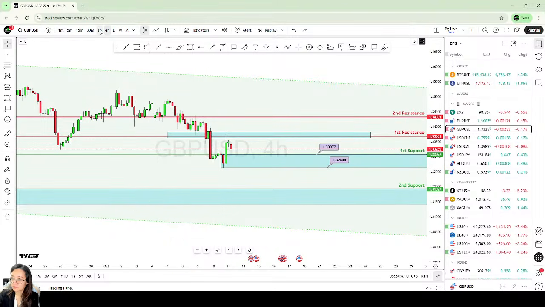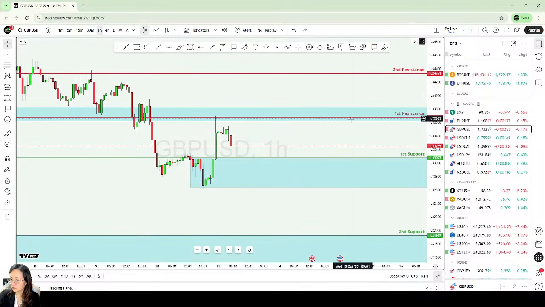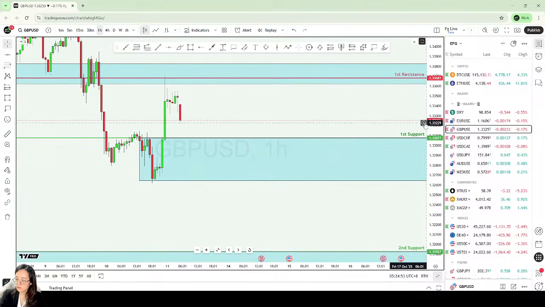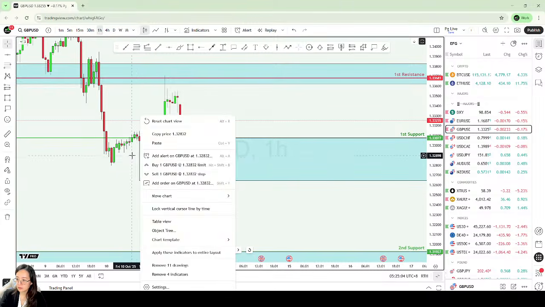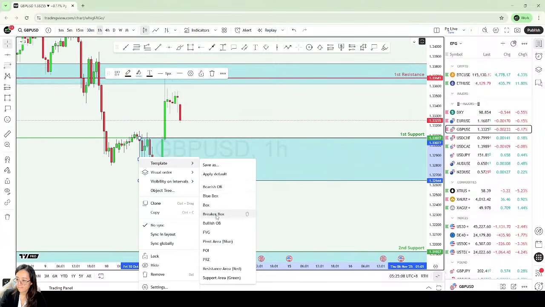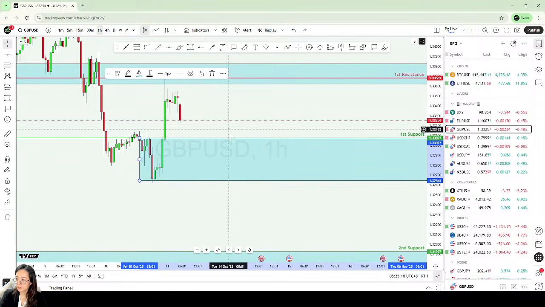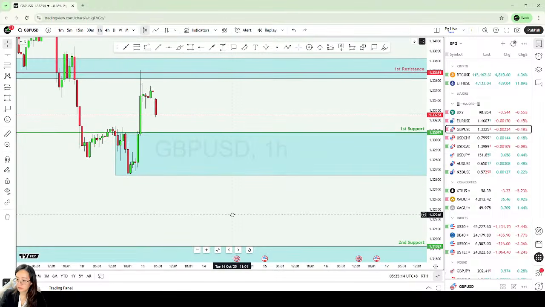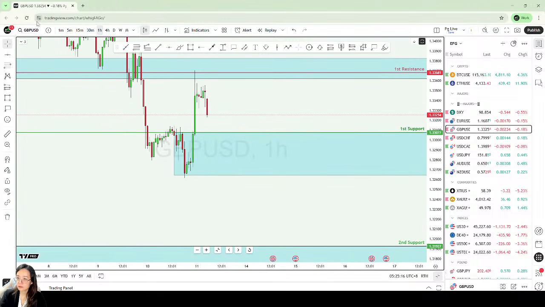Okay, let me go to H1 and have a closer look. Right, if you see that. So for the H1 time frame, your first support is here, your second support is here, within our OB.